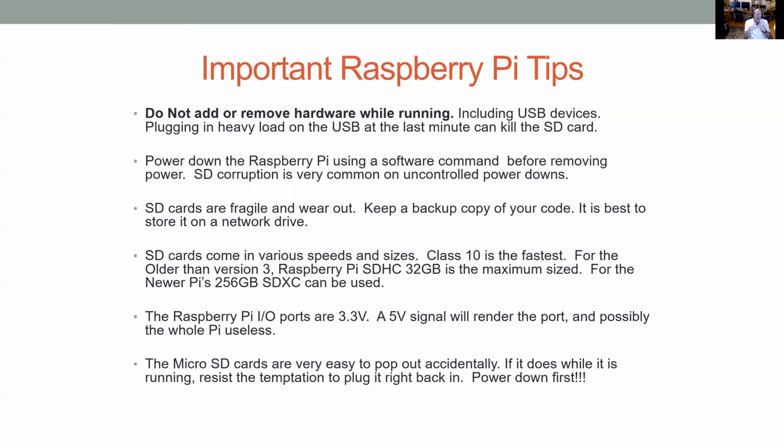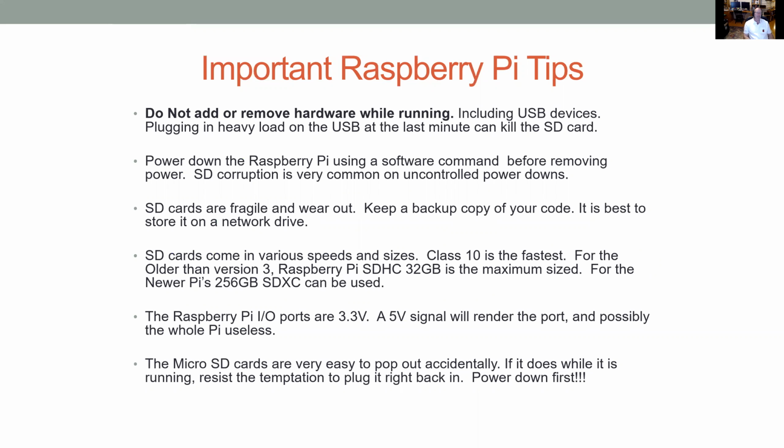Just hooking up that one wire, particularly to the header, or plugging in that big heavy loaded USB device can cause the power supply to sag just at the wrong second and corrupt your SD card. And if your SD card gets corrupted, you might have to rebuild your entire system.